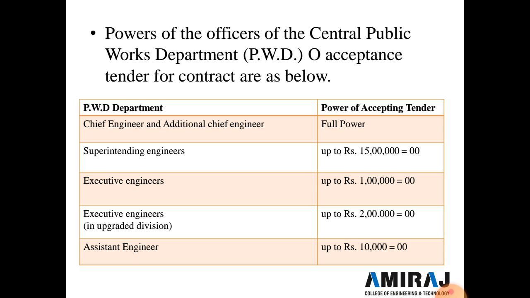The superintending engineer has power up to 15 lakh, and the executive engineer 1 lakh rupees. The executive engineer in an upgraded division has a maximum of 2 lakh rupees power of accepting the tender, and the assistant engineer up to 10,000 rupees.